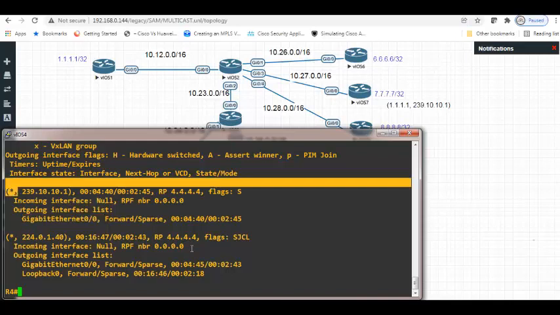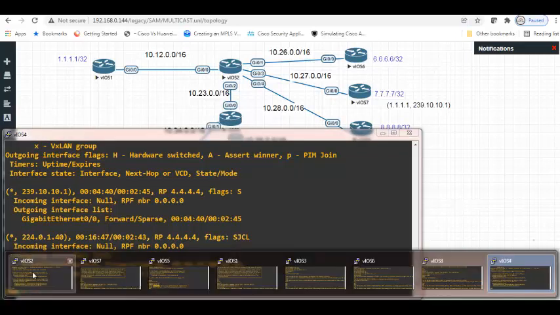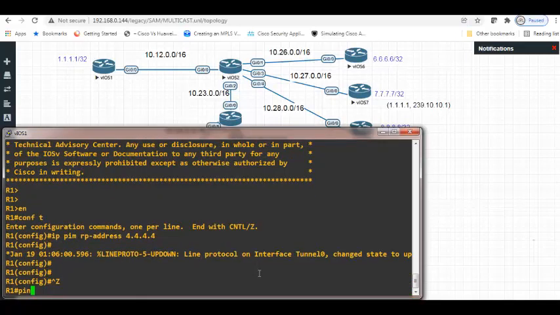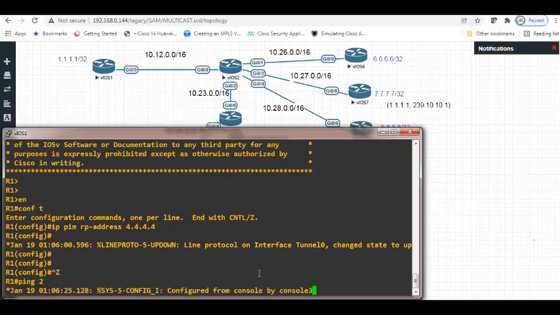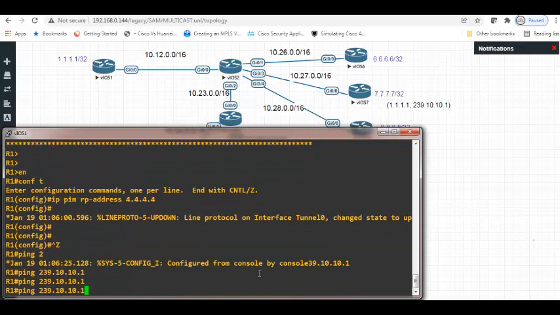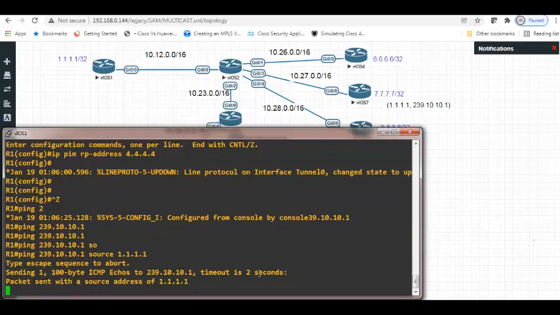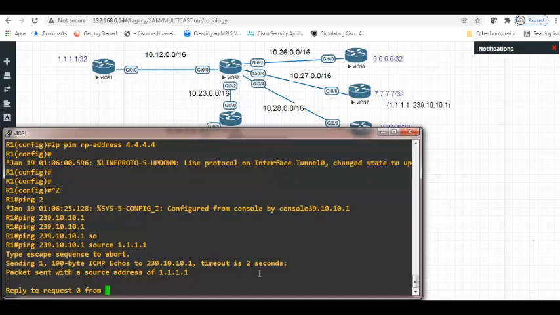Now, going to router 1 to ping 239.10.10.1, source 1.1.1.1. Boom. First, it will go and enroll with router 4. And then router 4 will inform about the real source to routers 7 and 5 alone.